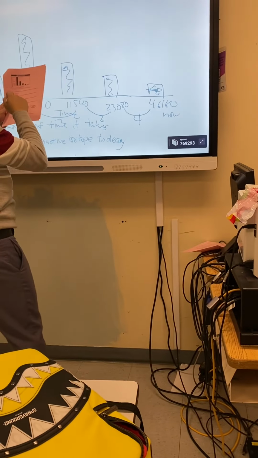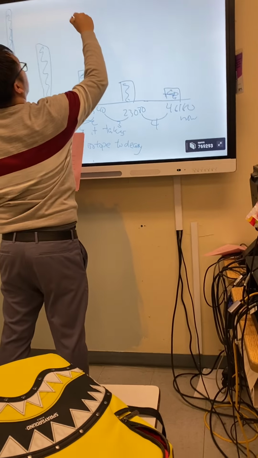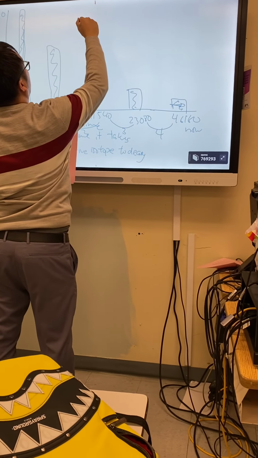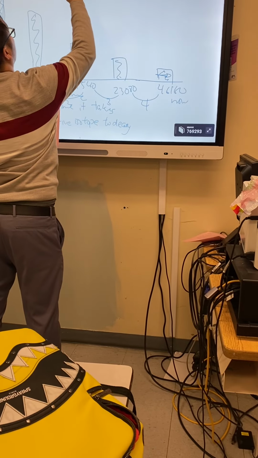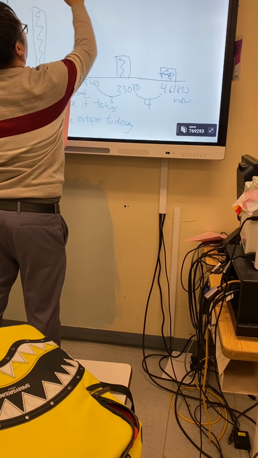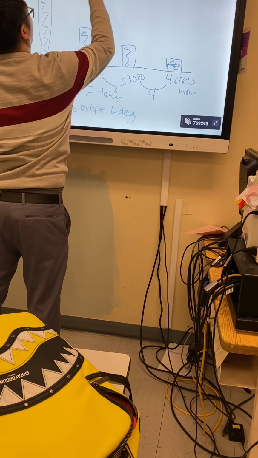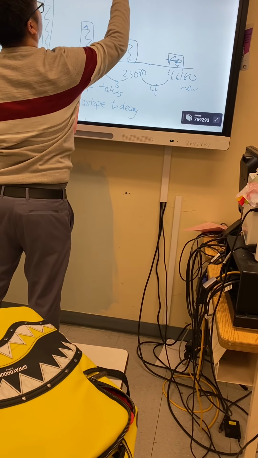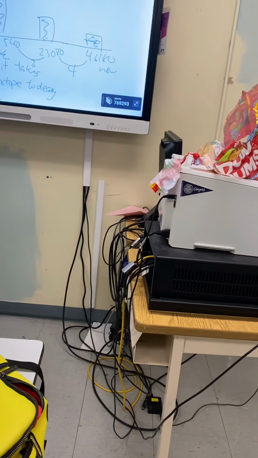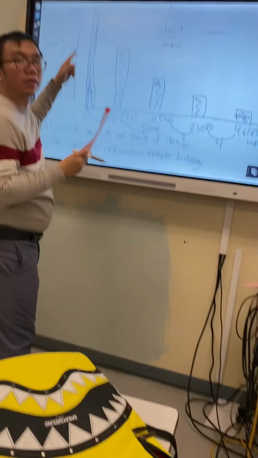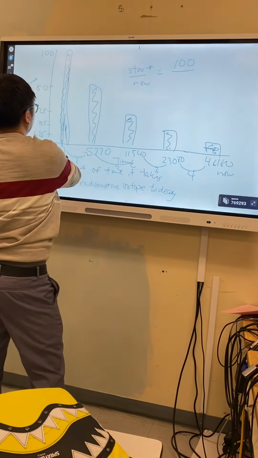So for question D, if we originally start at 100, we set the ratio with original, or actually start, over now. So you started with how much originally? 100. But what is it now?